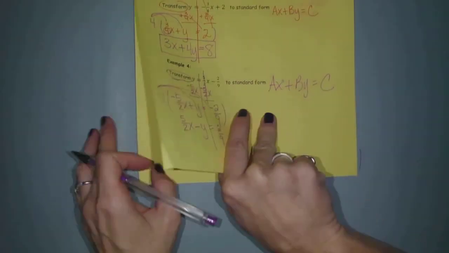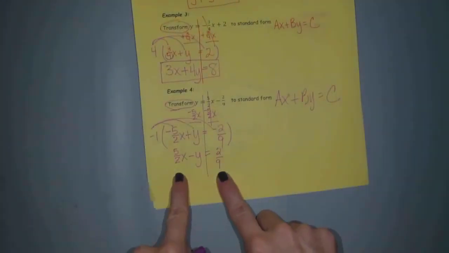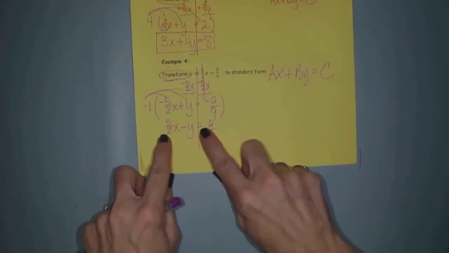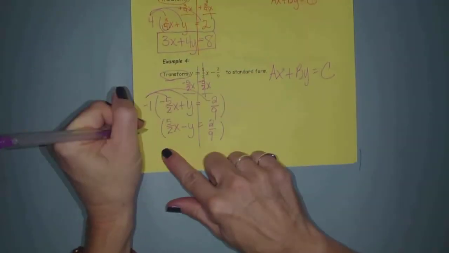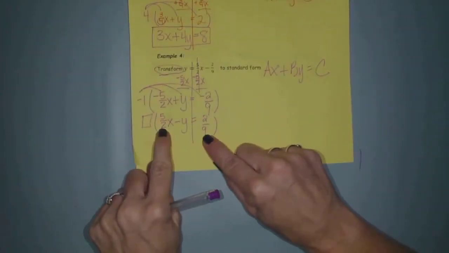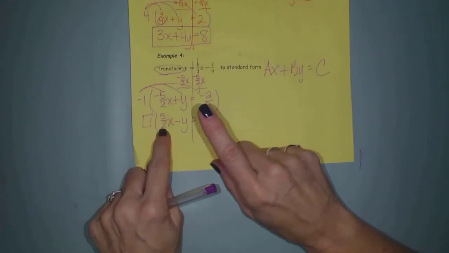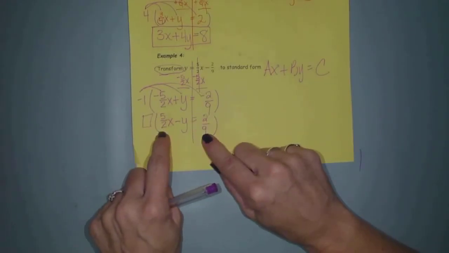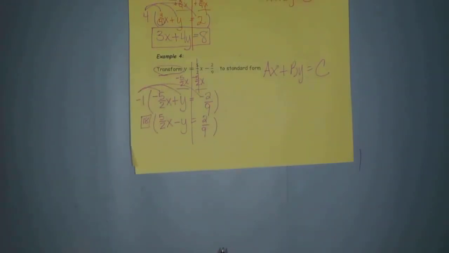The second stipulation is that we are not allowed to have fractions, no fractions. And we've got 2 of them right now. So the easiest way to clear these is to multiply the entire equation by a number that both 2 and 9 go into. So think of a number that both 2 and 9 divide into. The smallest one would have to be 18.